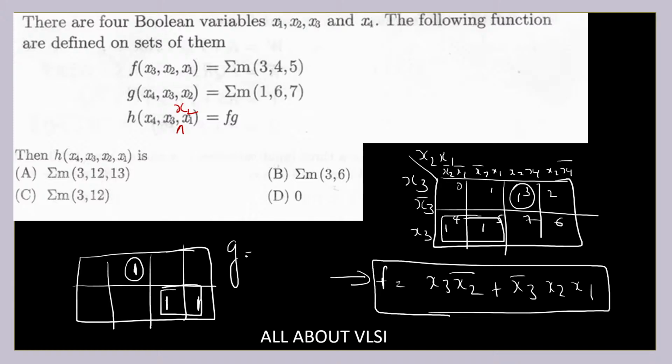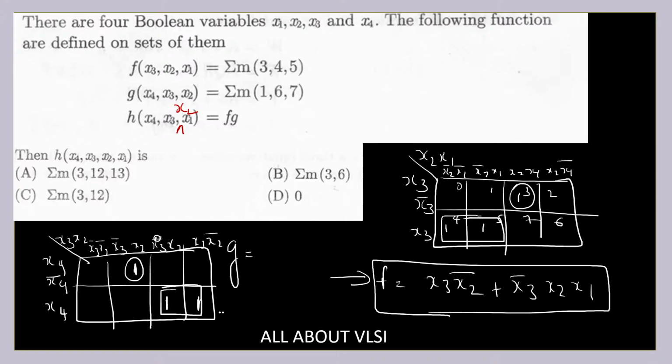So g will be nothing but, here we have x4 and this is x4 complement, and this is x3 and x2. So it is x3 complement x2 complement, x3 complement x2, x3 x2 and x3 x2 complement.